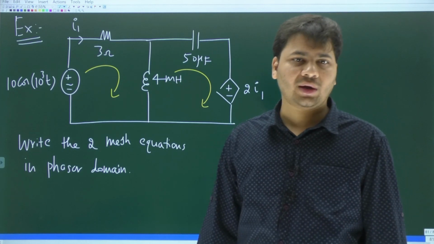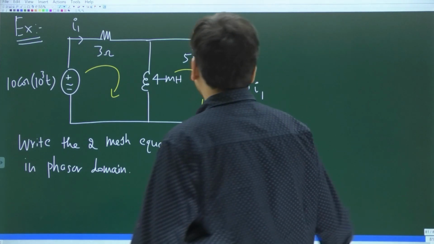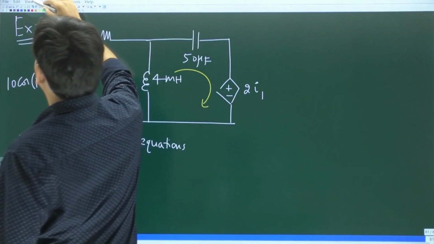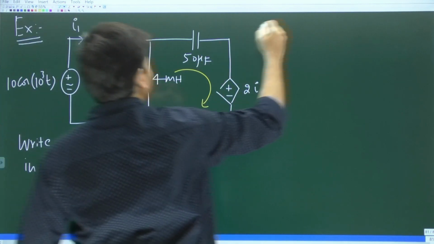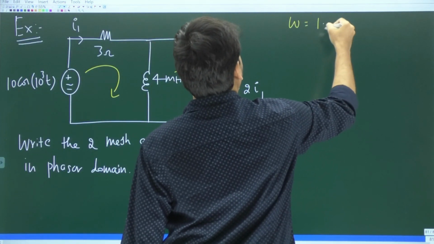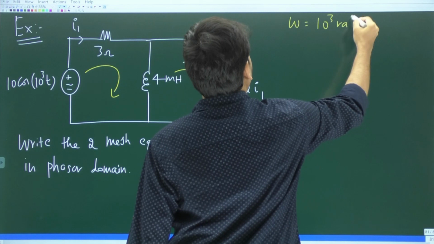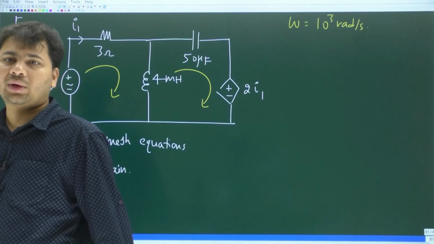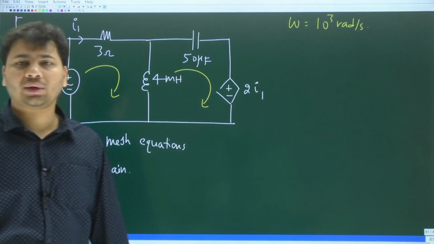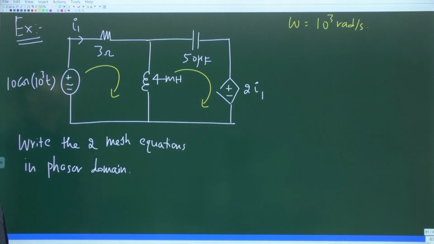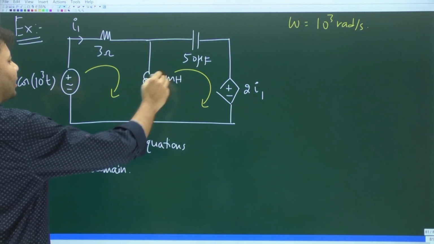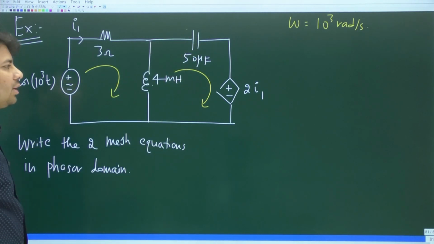In place of omega, we have 10^3. So the frequency of operation is 10^3 radians per second. At that operating frequency, you should find the impedance of the inductor and also the impedance of the capacitor.